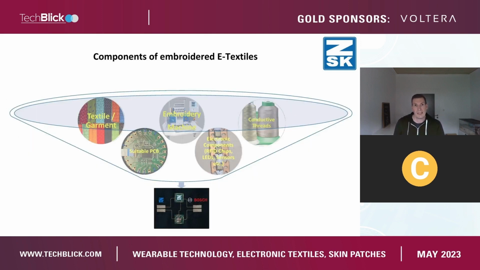What are the components of embroidered textiles? There are a few, but putting them together makes a nice e-textile. On the left side, you can see the textile, the garment, then a suitable PCB. Then you, of course, need the embroidery machine, which is capable of producing e-textiles.